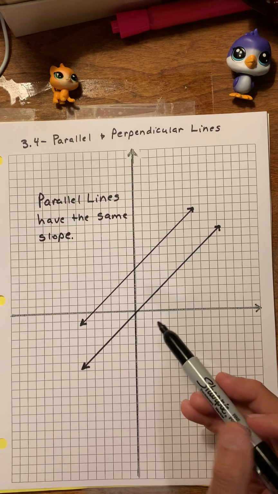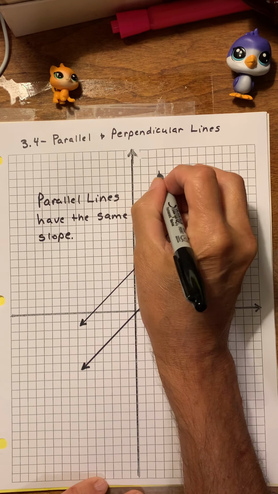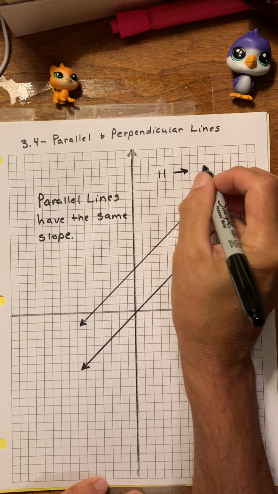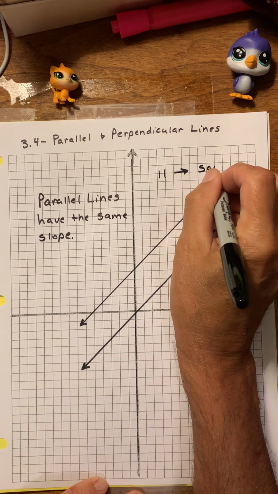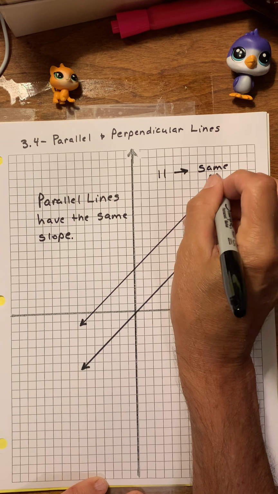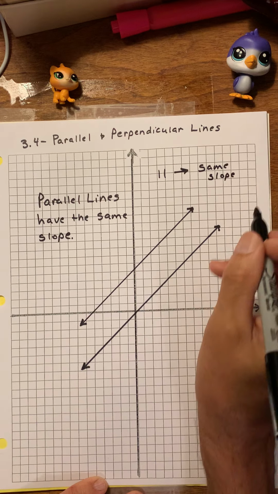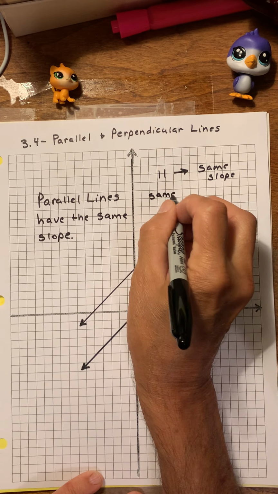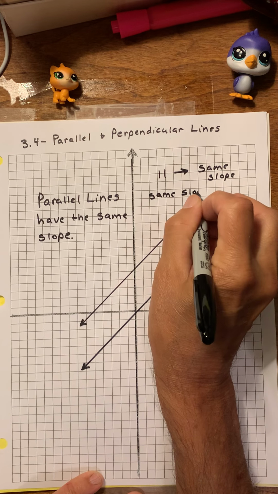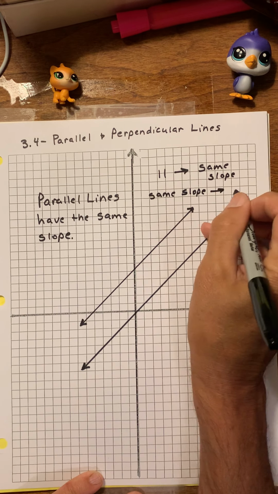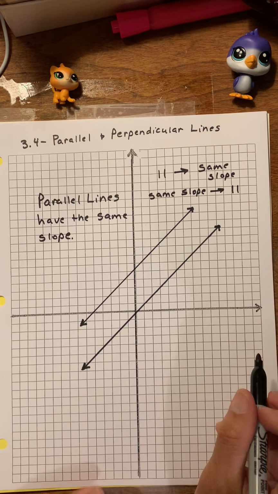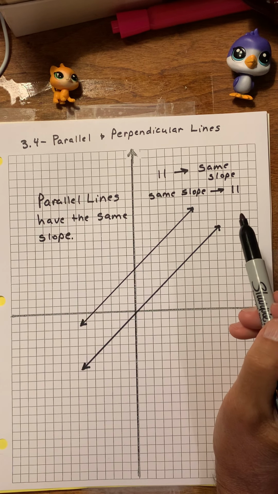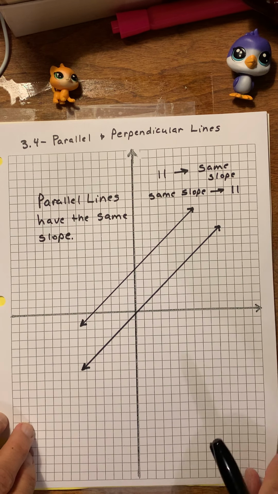If I know lines are parallel, then I can assume they have the same slope. Likewise, if 2 lines have the same slope, I can assume they're parallel. So the logic runs in both directions.